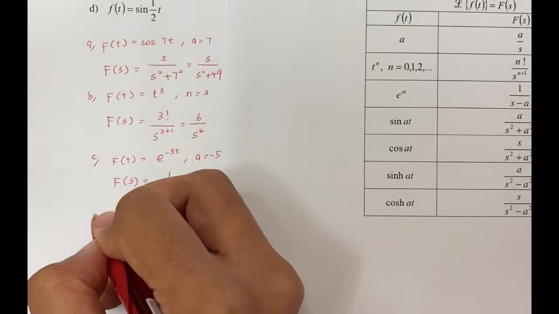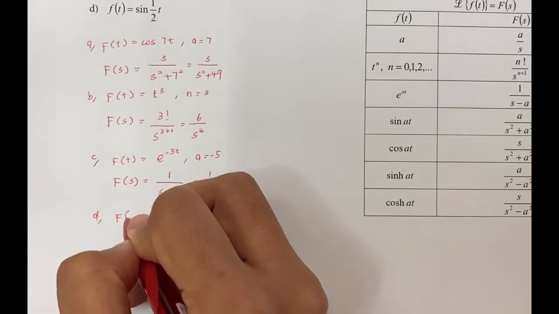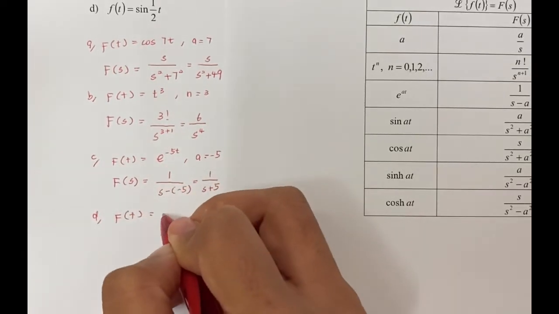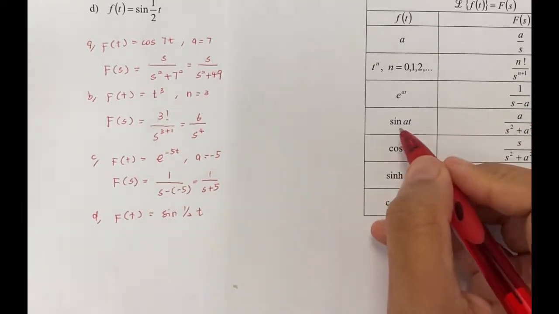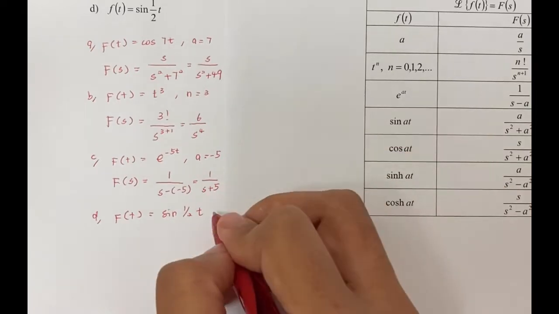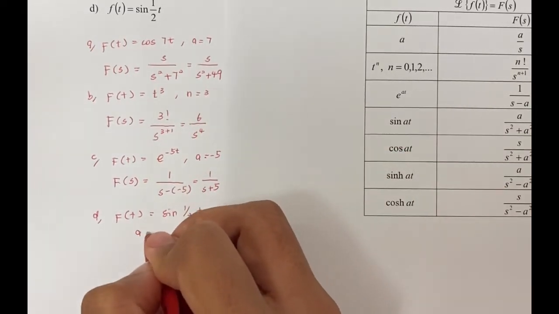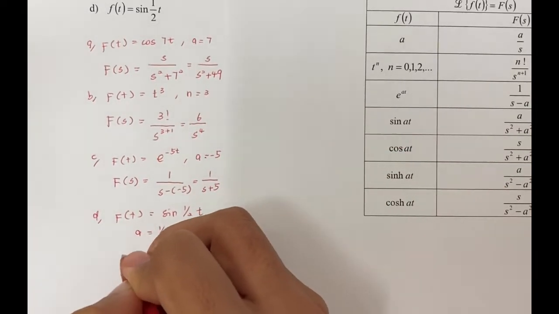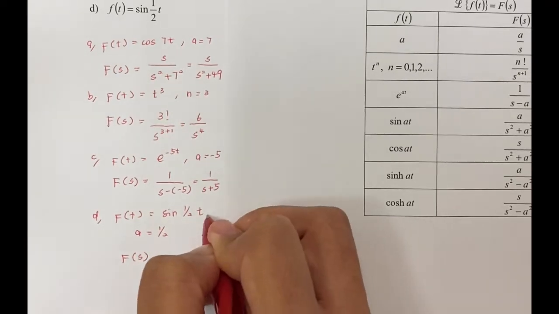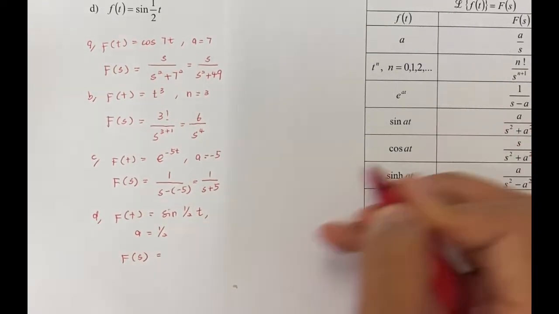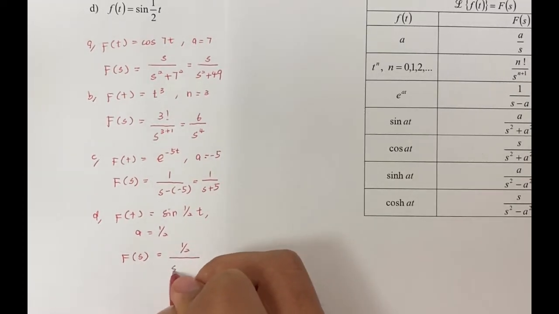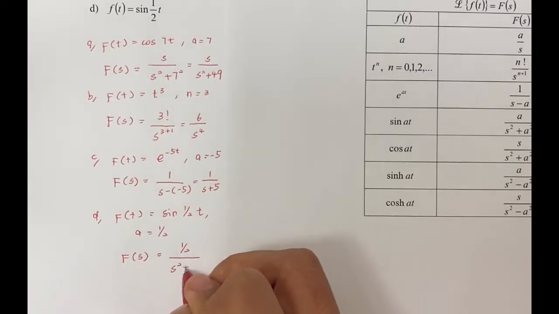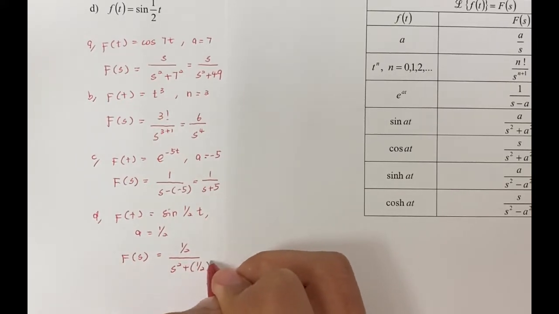Okay, for d, f(t) is equal to sine half t. Okay, sine at, so a is half. So F(s) is equal to a, which is half, divided by s square plus half square.